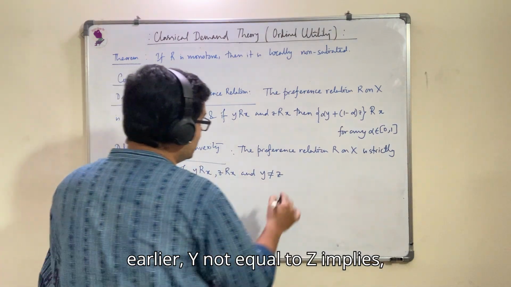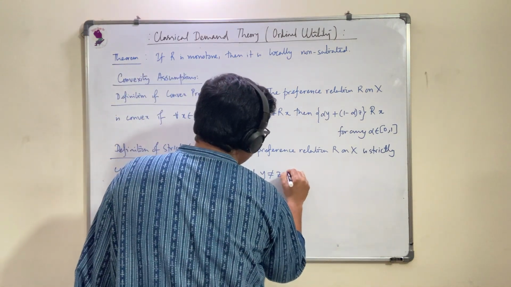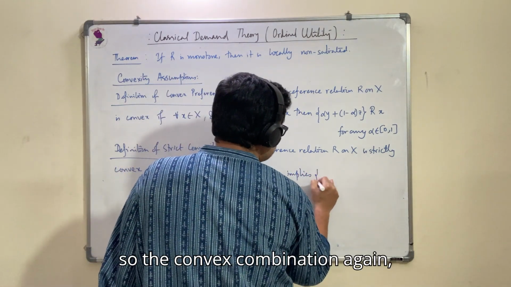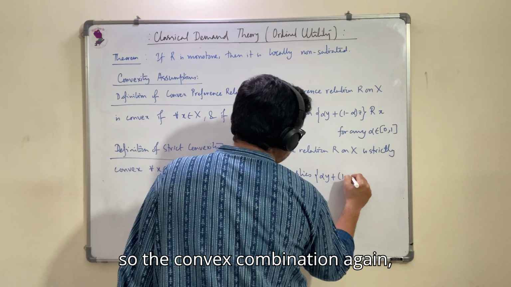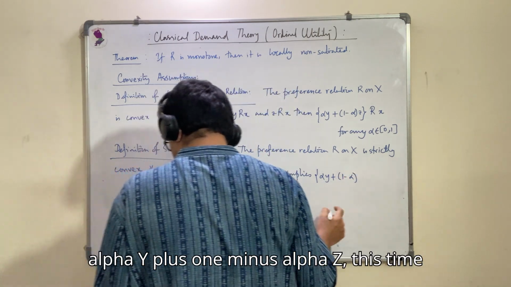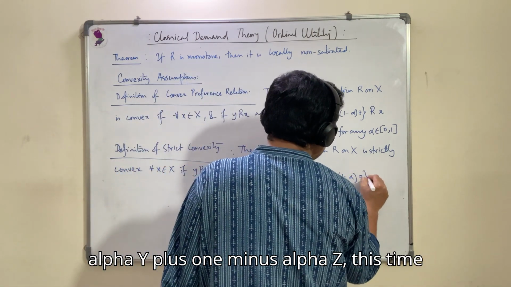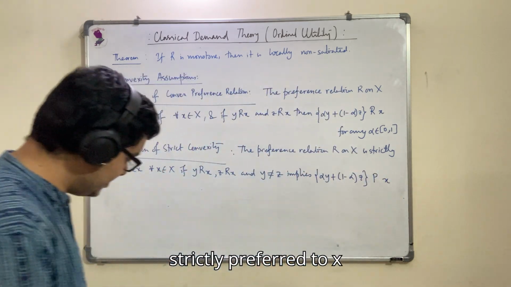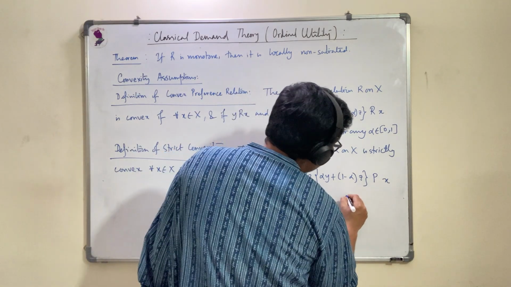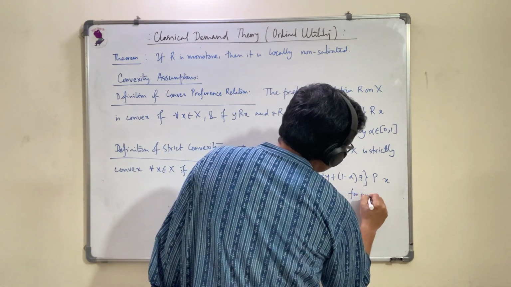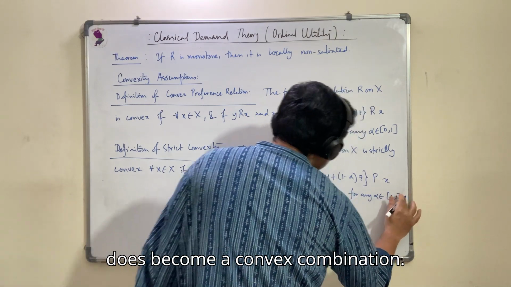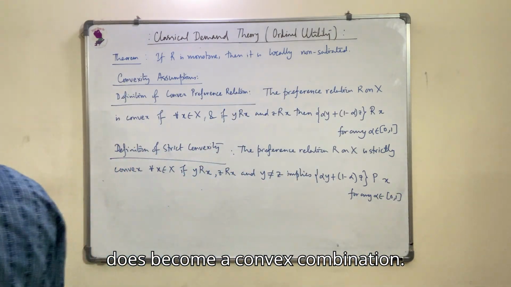Y not equal to z implies that the convex combination alpha y plus 1 minus alpha z is, this time, strictly preferred to x for any alpha belonging to the closed interval 0, 1, so that it does become a convex combination.